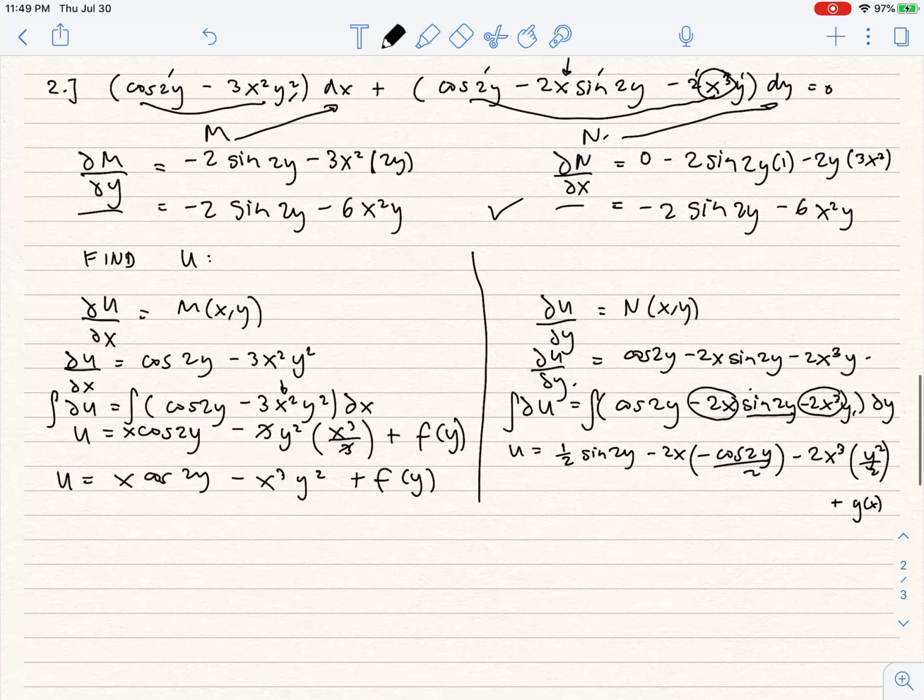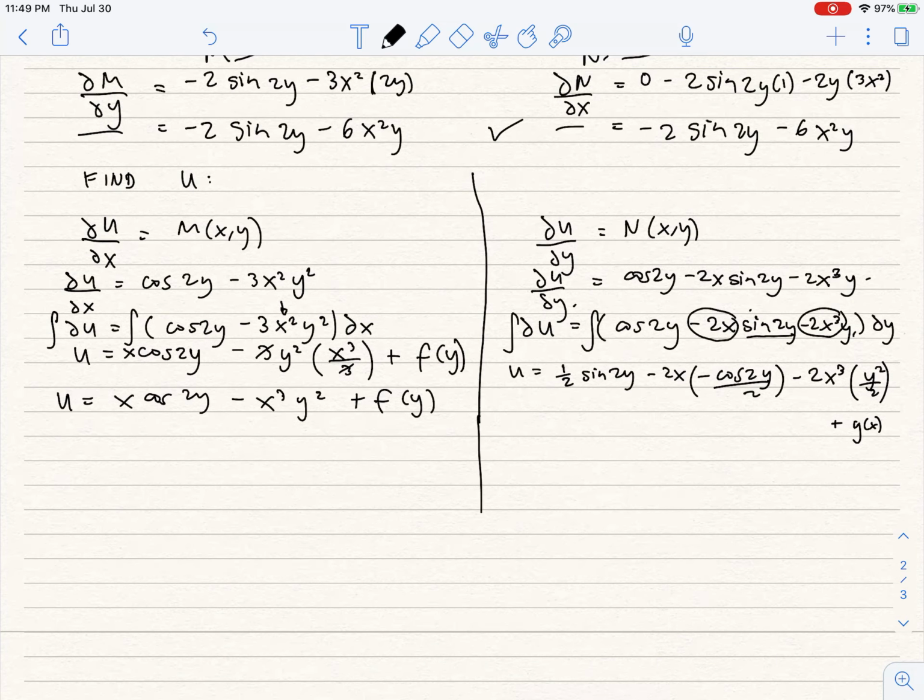Okay, so u, simplifying u is just 1/2 sine 2y, cancel ni, then since negative multiplied by negative is positive, so positive na sign. So positive cosine 2, positive x na may x diri multiplied by cosine 2y.